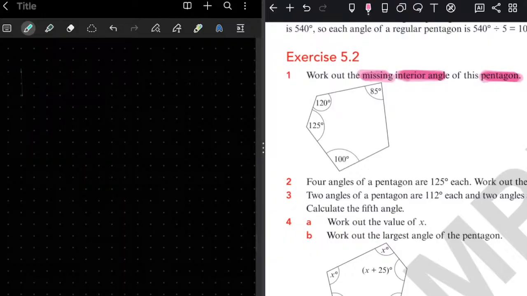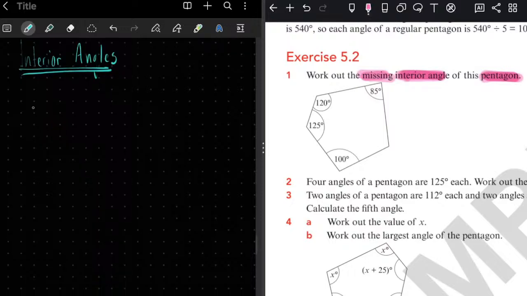So we want to work with this word now, interior angles, okay? That is the maths. So I need all of you to get ready. Rub your hands together. Say, wow, it's time for me to now do hard maths. You rub your hands, say, bring it on. What you must know, everyone, is this formula.